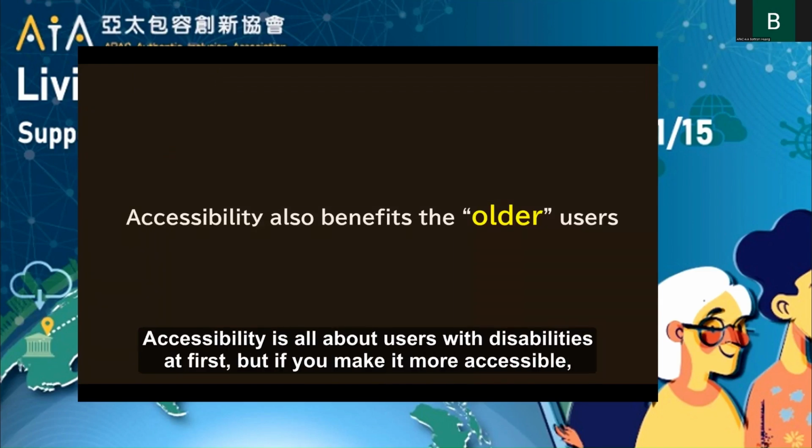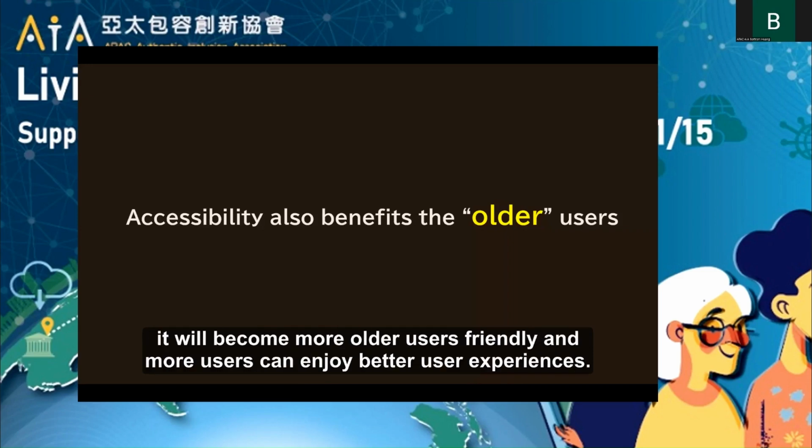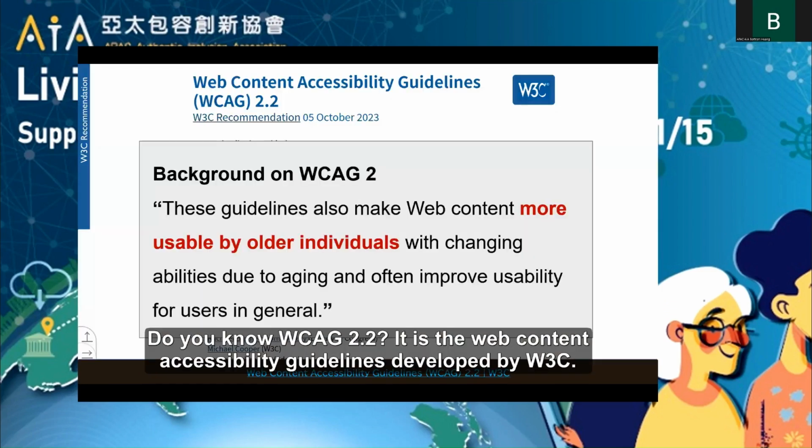One of the key takeaways from my talk would be that accessibility also benefits the older users. Accessibility is all about users with disabilities at first, but if you make it more accessible, it will become more older users friendly and more users can enjoy better user experiences. Do you know WCAG 2.2? It is the Web Content Accessibility Guidelines developed by W3C.